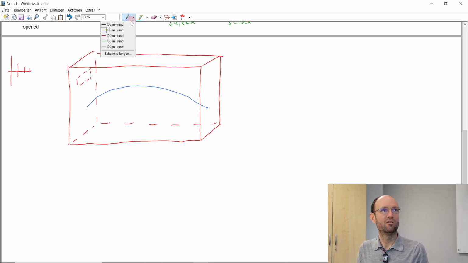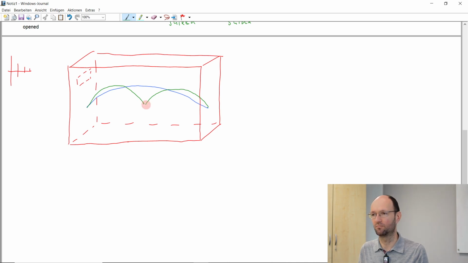A next mode would be, for example, a standing wave that looks like this. If I just look at the magnitude, the magnitude at the wall must be 0, the magnitude at the other wall must be 0, but we have two antinodes of this standing wave and one node at the center. This would be half of the wavelength, double the frequency. Another mode would be, if I take another color, this one, where we divide this into 3 parts.